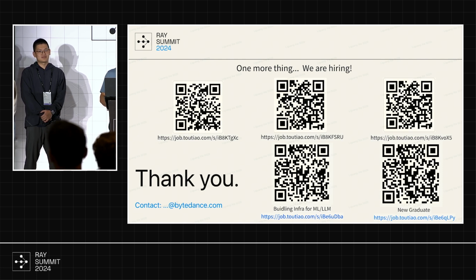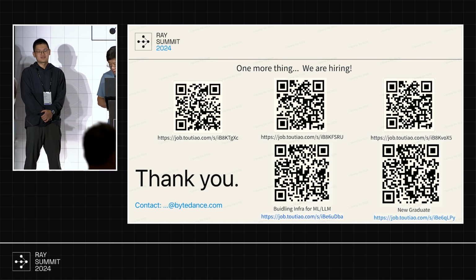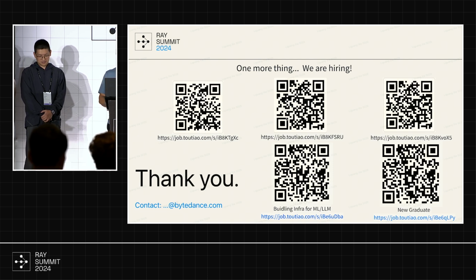Can you repeat that question one more time? Yeah. How do you think about potential failures of the Ray head pod? As far as I know, we rely on Ray's HA ability a lot at this time, and also Kubernetes HA. Yeah. Makes sense. Thanks.